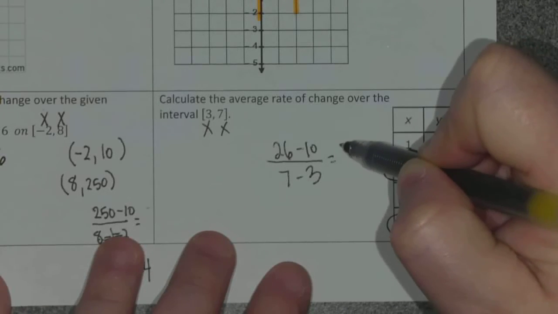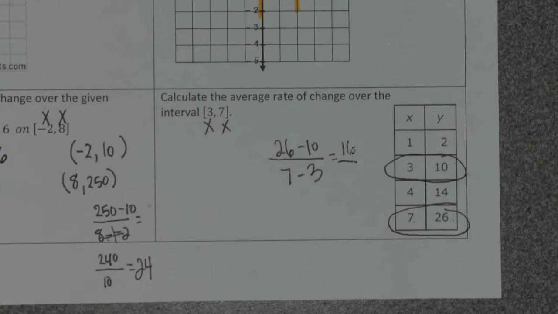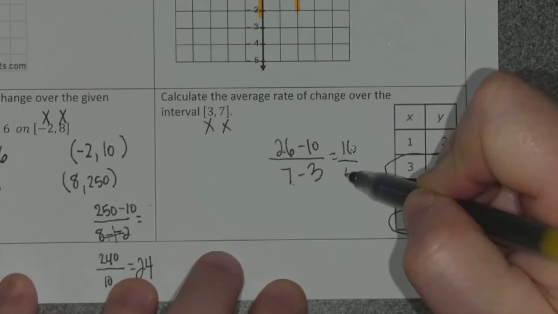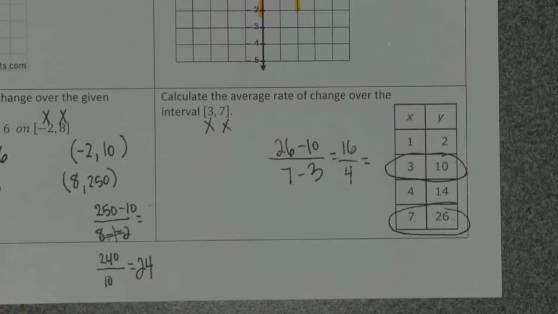Okay, on the top then I have 16 because 26 minus 10 is 16. On the bottom I have 4. And 16 divided by 4 is 4. So my average rate of change would be a slope of 4, up 4 over 1 between those 2 points on my x-axis. Questions on how I did that? Awesome.